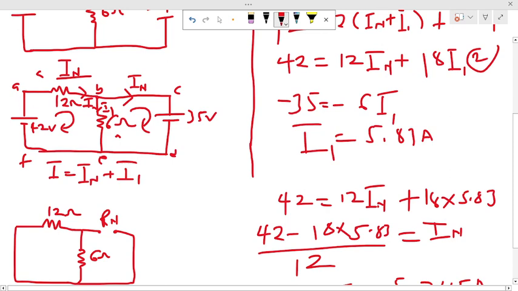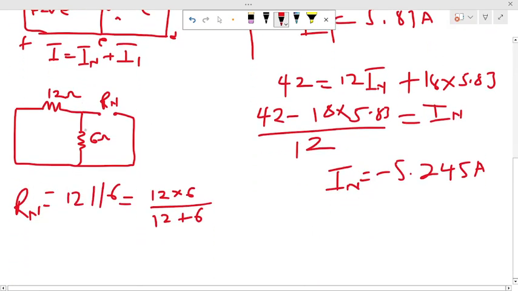So for instance, when we are using this loop, this is just a way to show you how it's done. If you are using this circuit A, F, E, B, A, when you traverse through this part, for these two resistors there is a source, which is the 42 volt. These two resistors are not in parallel, they are in series, right?